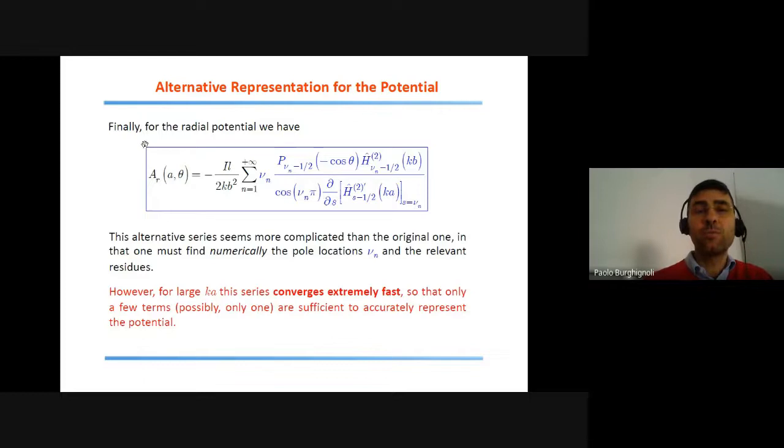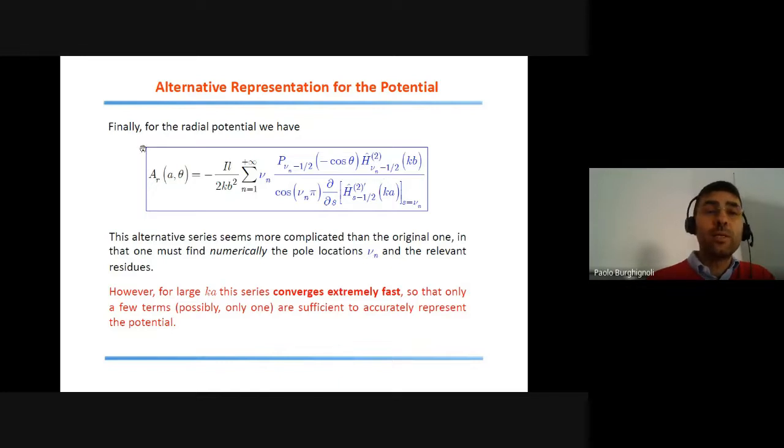Instead of a partial wave series, we have another infinite summation, the blue one, which could seem more complicated than the original one, because one should find numerically the location of the blue poles, n sub n, in the complex plane, and also evaluate numerically the relevant residues.